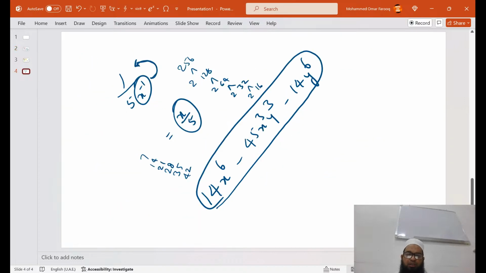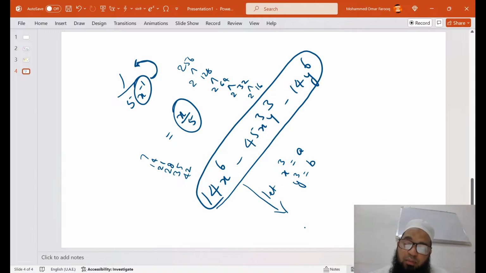This one is a good problem because I'll tell you one shortcut. See, let x cube is equal to a, and y cube is equal to b. Then check how this expression is transformed. It is transformed into 14a square minus 45ab minus 14b square.